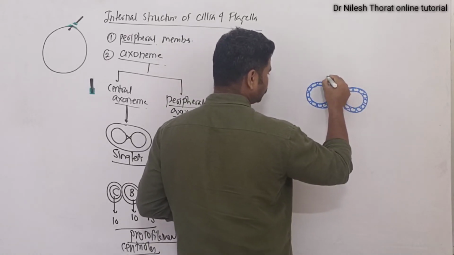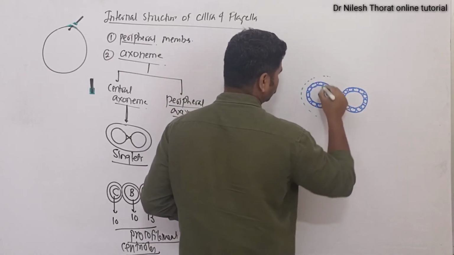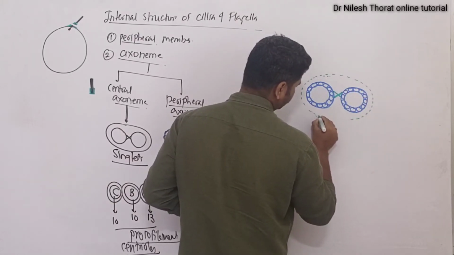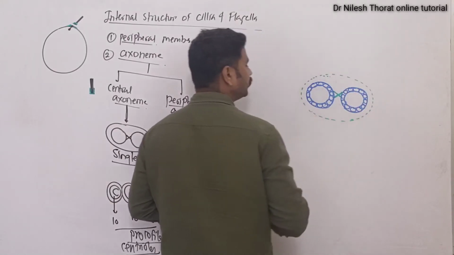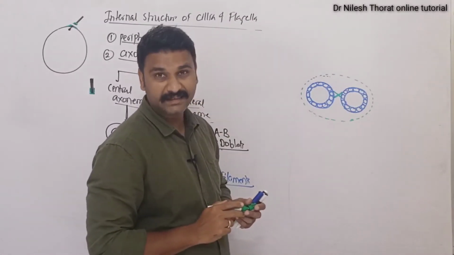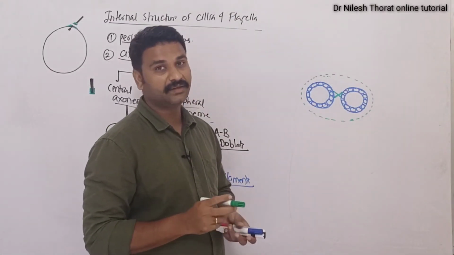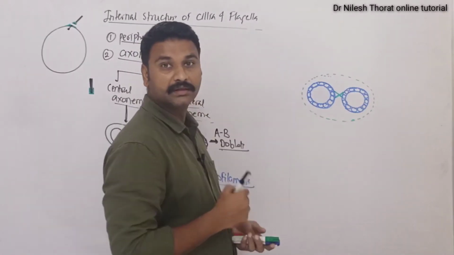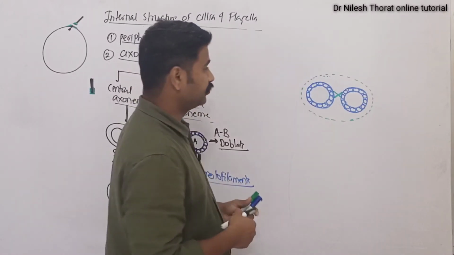So this is the central sheath which will cover both the singlets. Now surrounding the central sheath, we are having 9 evenly placed peripheral doublets which will form the peripheral axoneme.